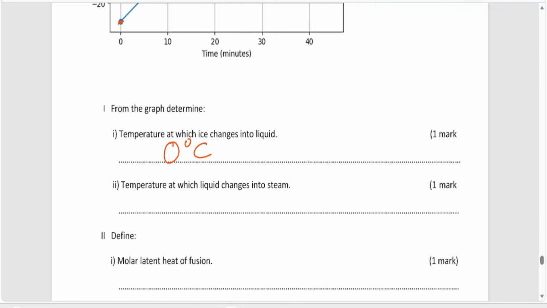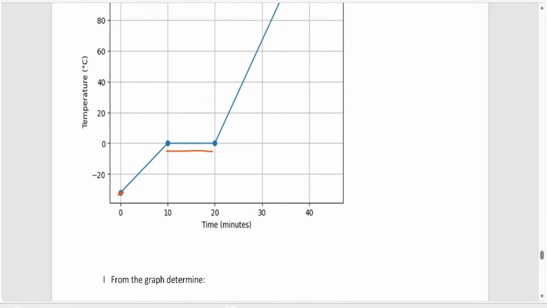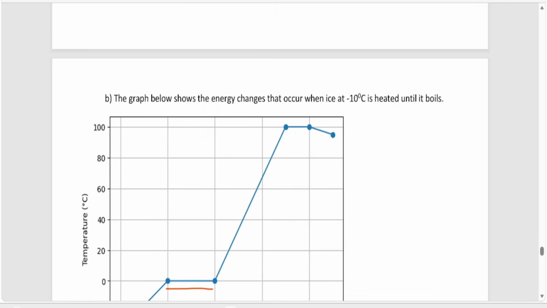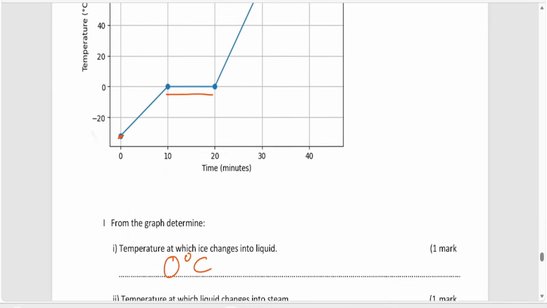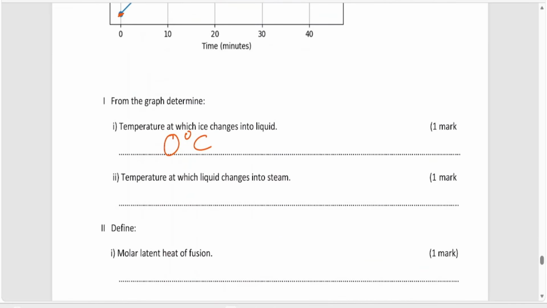Then determine from the graph the temperature at which liquid changes into steam. That was the melting point. Now we are looking at the second part where it flattens out, and that is the boiling point. The boiling point is 100 degrees Celsius.